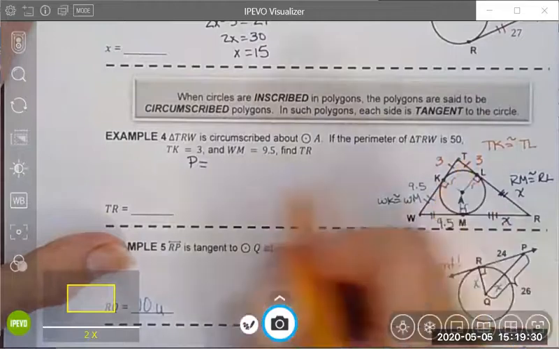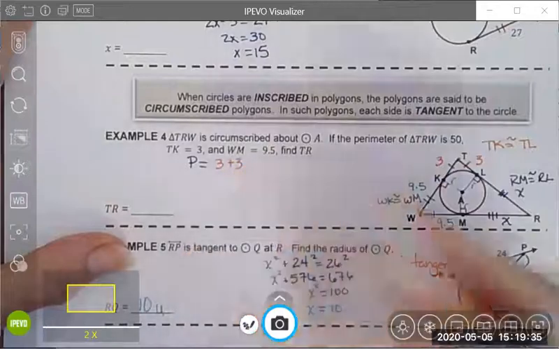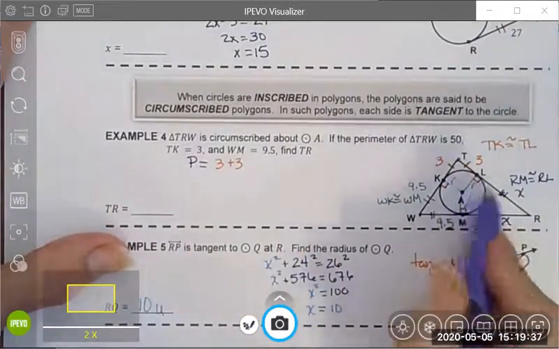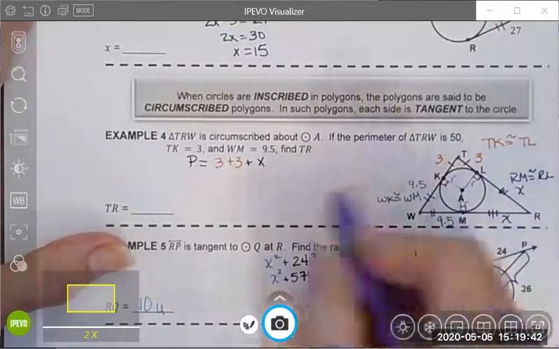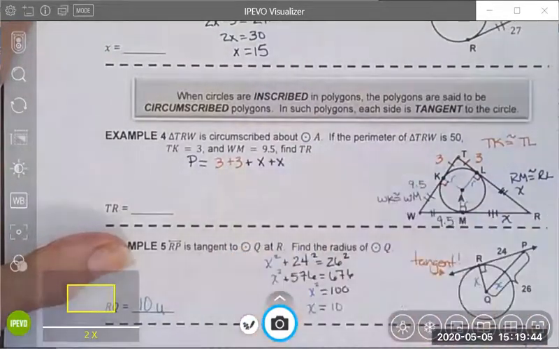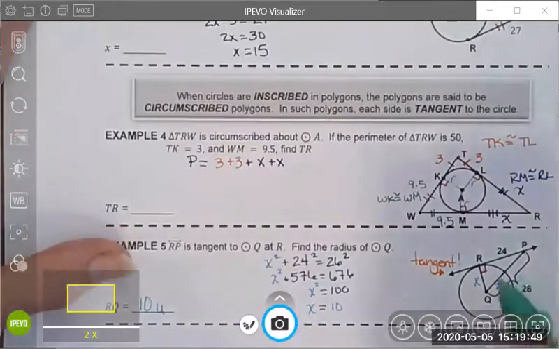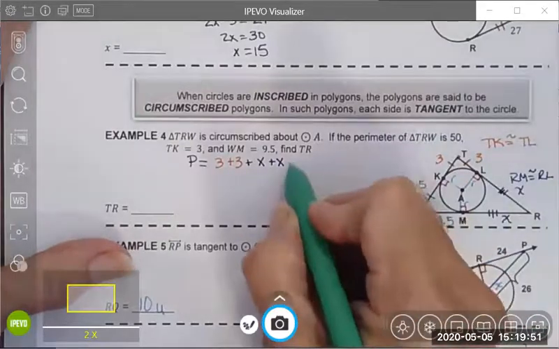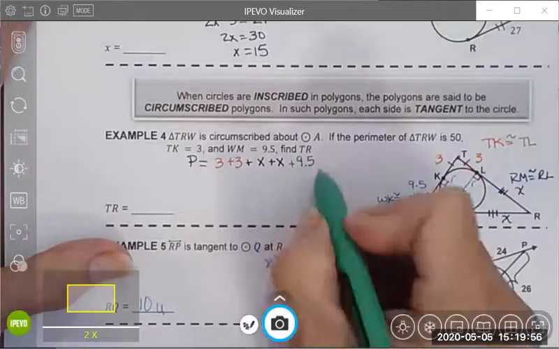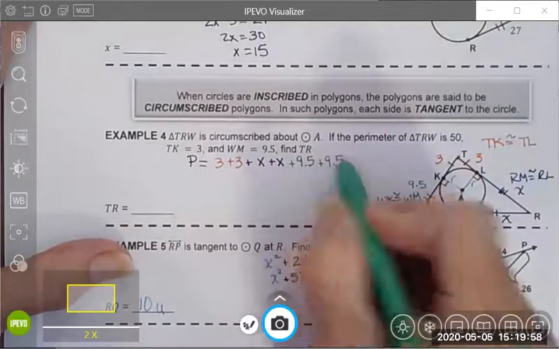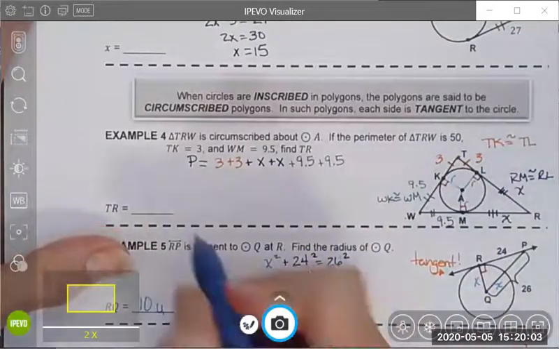I have KT is 3, T to L is 3. Next, I would add L to R, which I don't know. And then I add R to M, which again, I don't know. But they're the same variable, which makes this very solvable. And then finally, I have to go from M to W, which is this weird 9.5, and W back to K. And now I've gone all the way around my triangle, and I add up all of these lovelies.